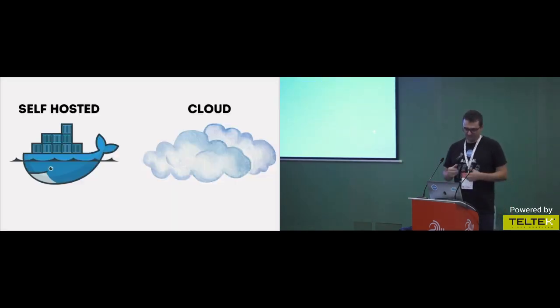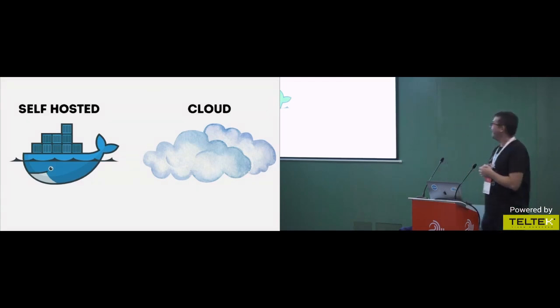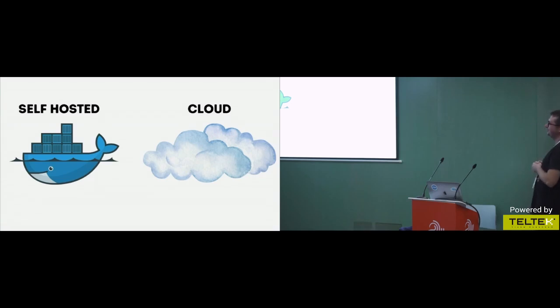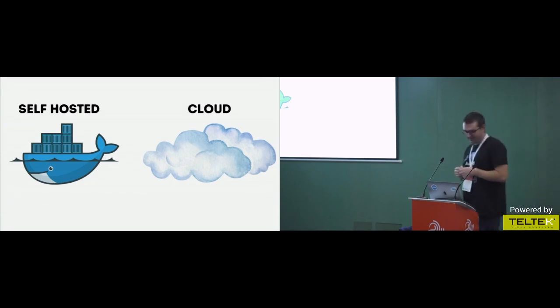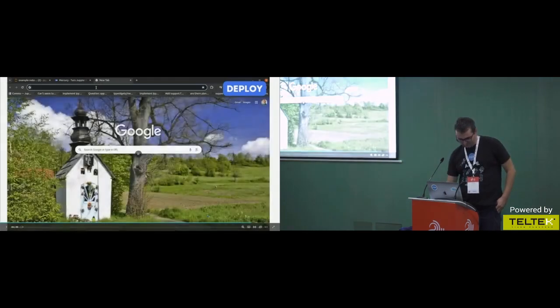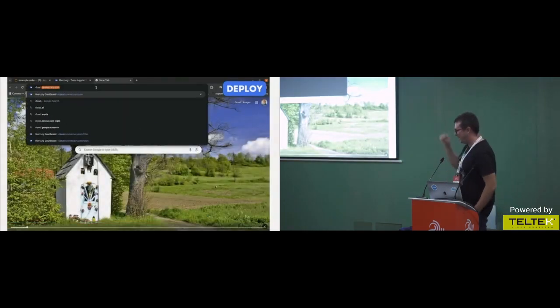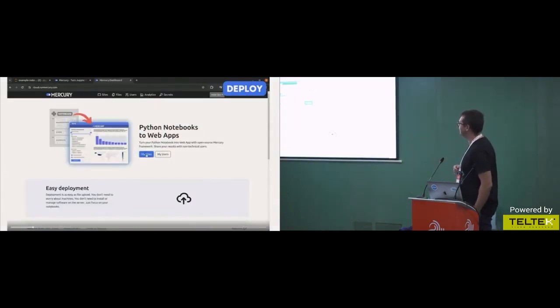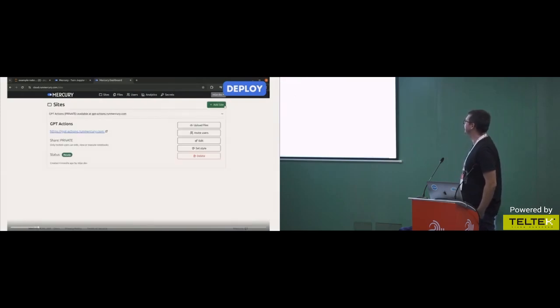Deployment. Deployment is a pain, and we have 2 options: self-hosted, where we provide you Docker files, or our cloud. The cloud is the easiest way. I will show you. You just need to upload files with your notebooks, and you will have the site ready.